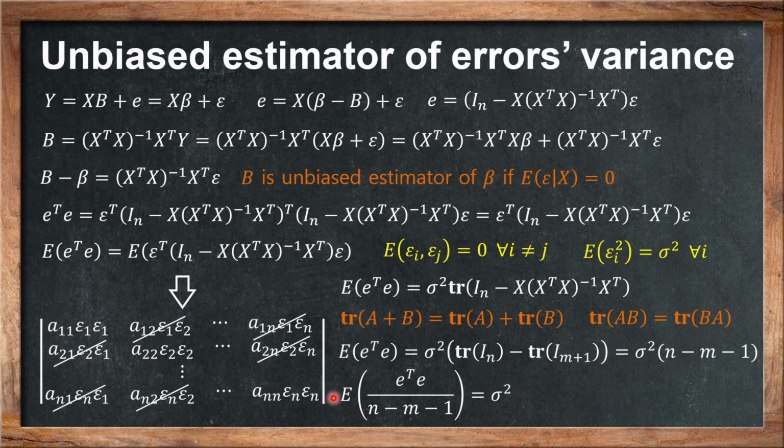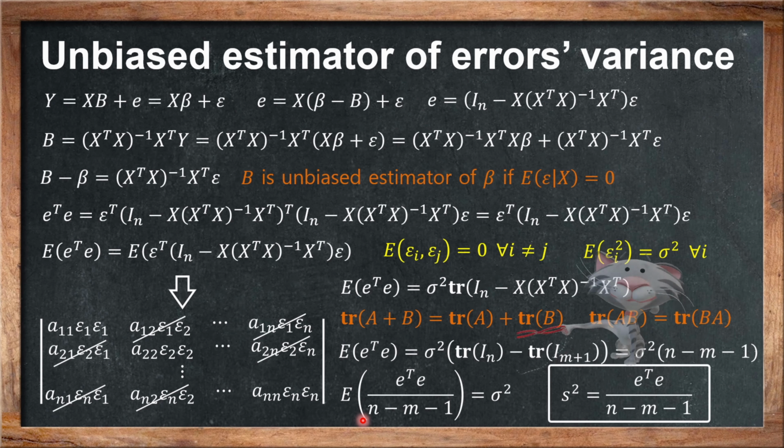Since we cannot find the expected value, we use just the estimator, and this estimator is usually denoted as s squared and looks like this. S squared equals E transpose E divided by n minus m minus 1.